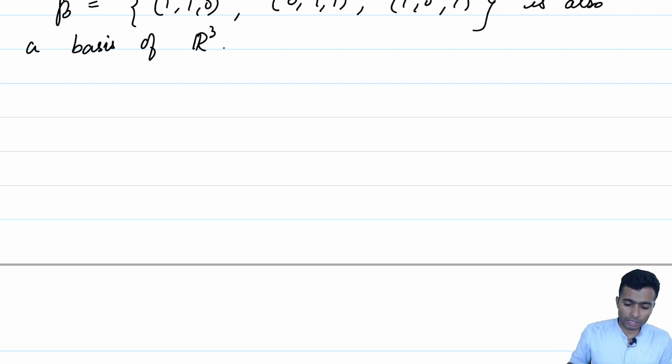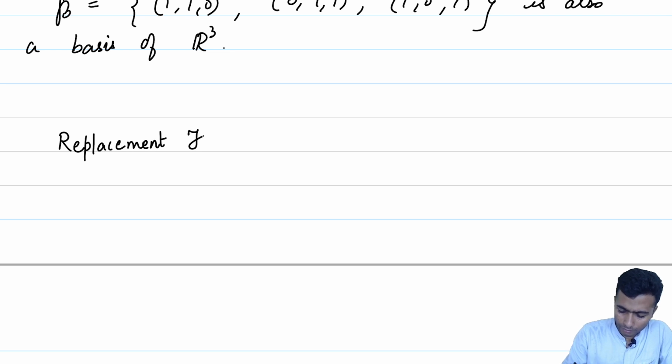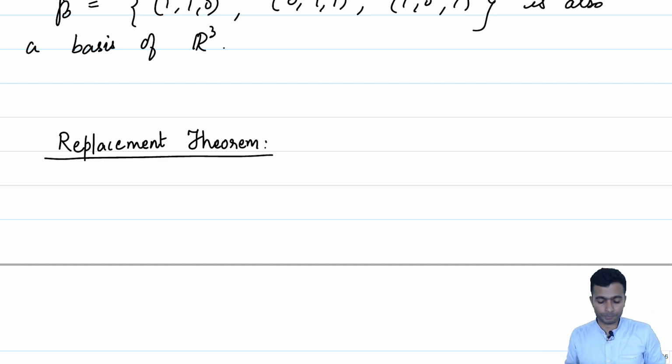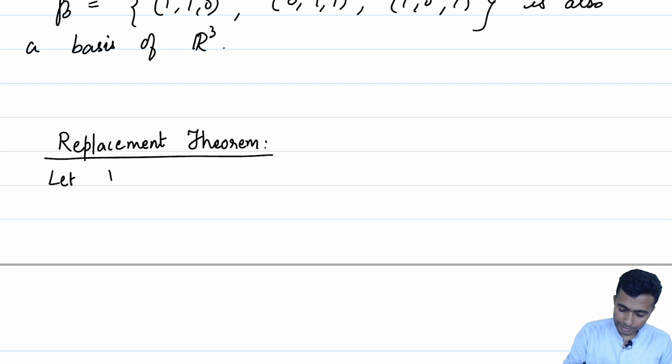So, this deep statement will follow from a technical result which we will now state. The technical result is called the replacement theorem. So, what does the replacement theorem tell you? Let V be a vector space.